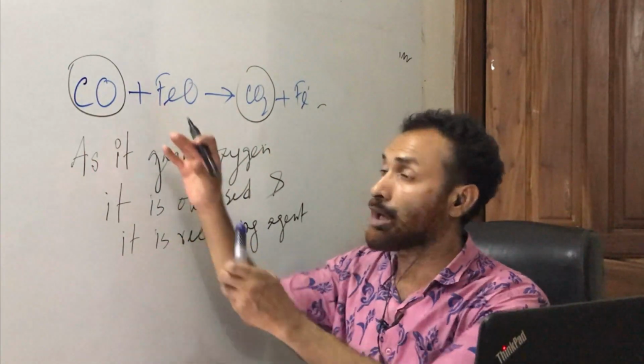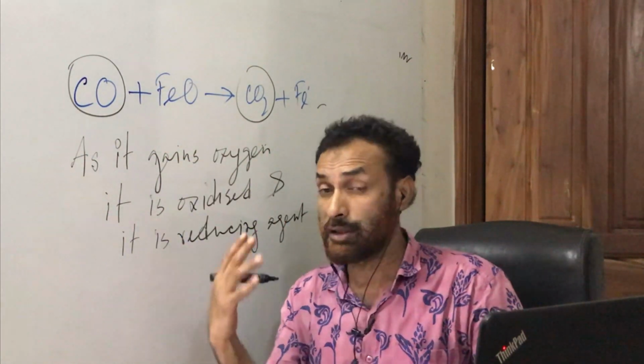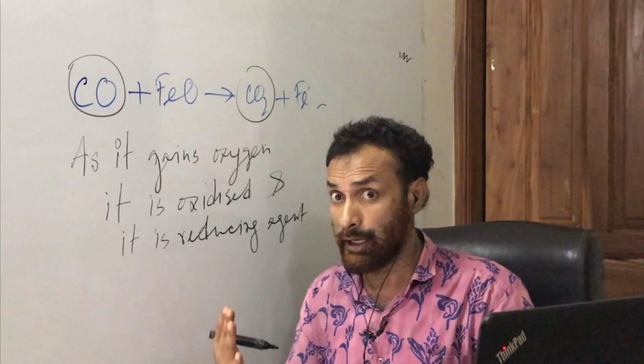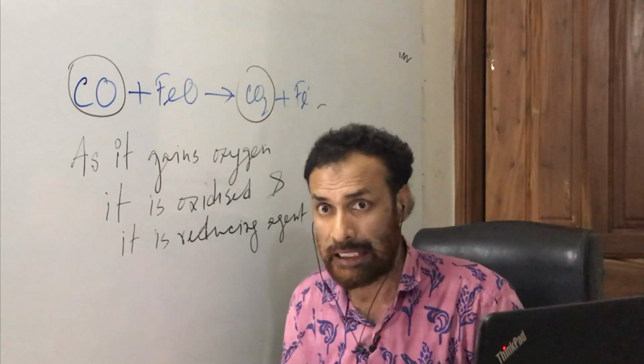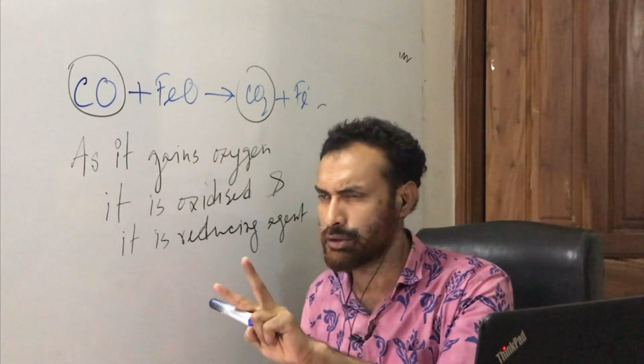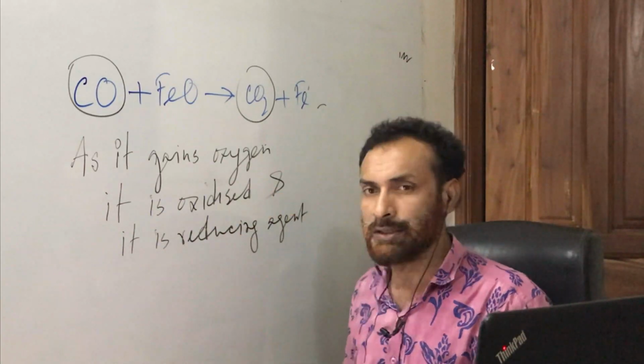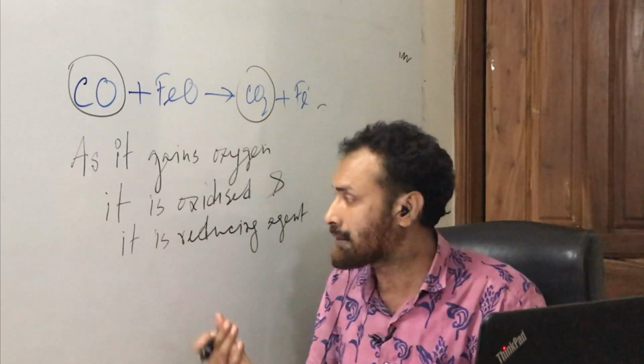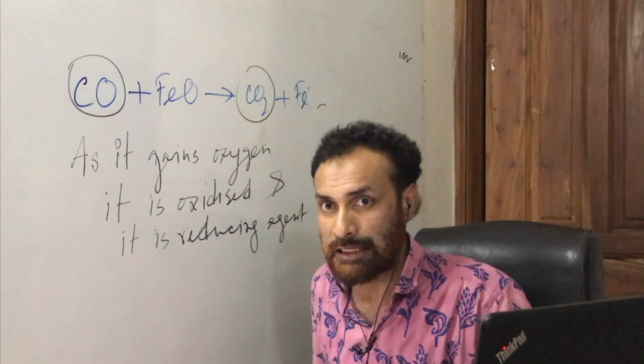So this is about carbon monoxide. The action is gaining oxygen, and it gets two roles: it is oxidized, because oxygen is added, and it is a reducing agent.